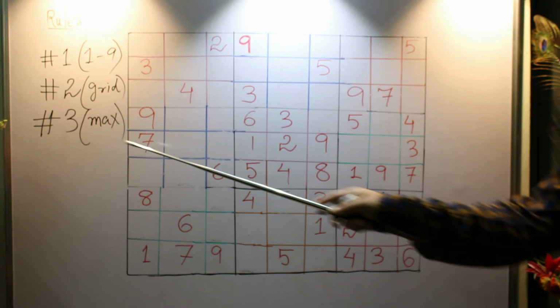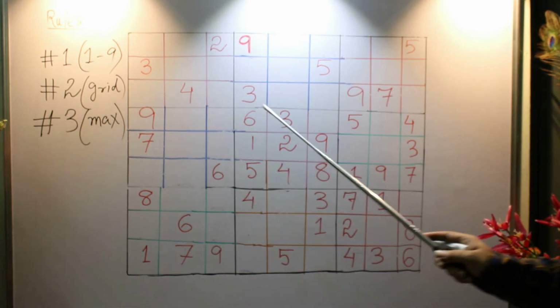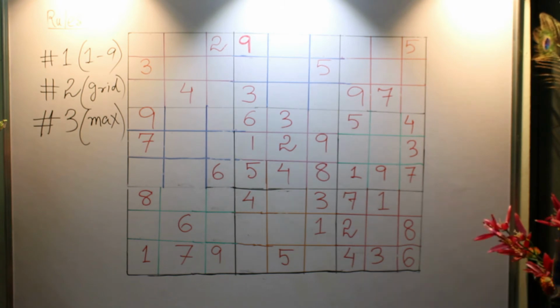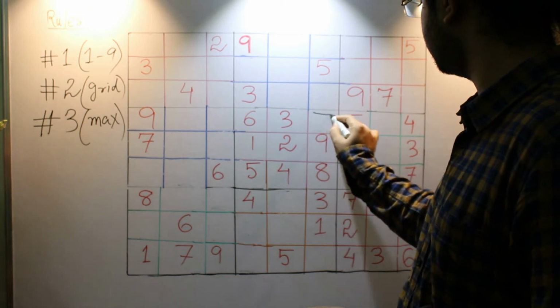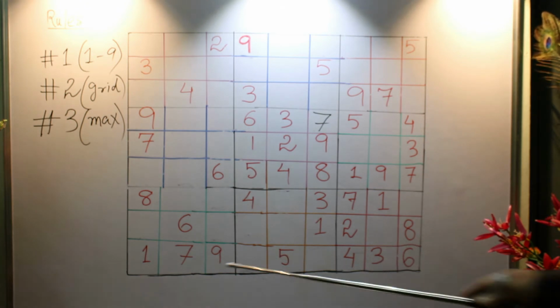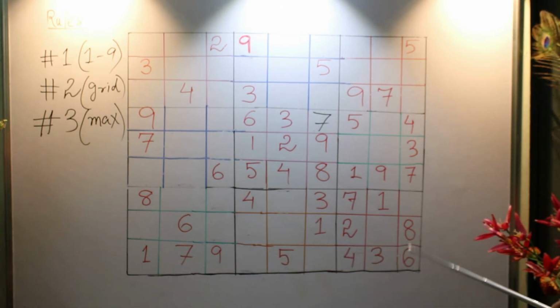You see, using rule number 3, in this grid maximum numbers are given. Now the only number which is not present is 7. Now come to this row. Two numbers are not there, that is 2 and 8.